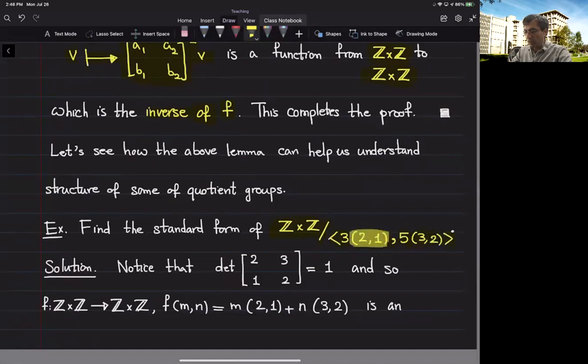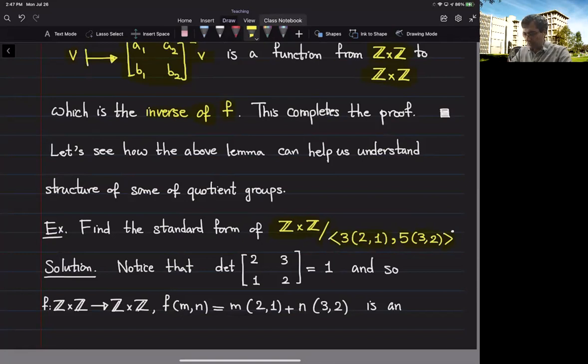Here, I'm not working with standard vectors. (2,1) is not (1,0), and this is not (0,1). So I cannot use the idea that we had before and simply send this to Z sub what? We don't know what. If it was (6,0) and this was (0,10), we could have sent it to Z sub 6 and Z sub 10. But in this case, it's not clear what the target should be.